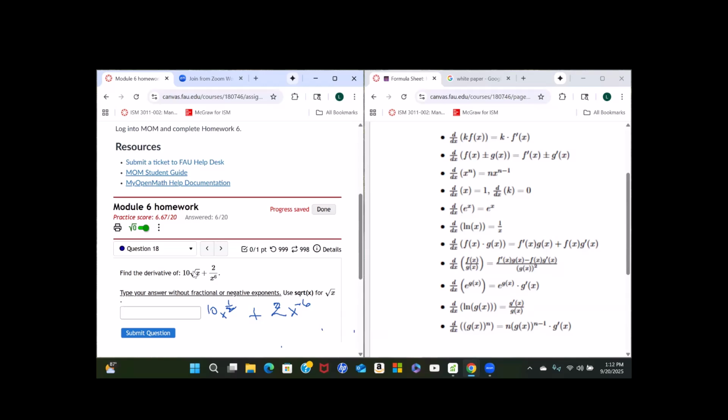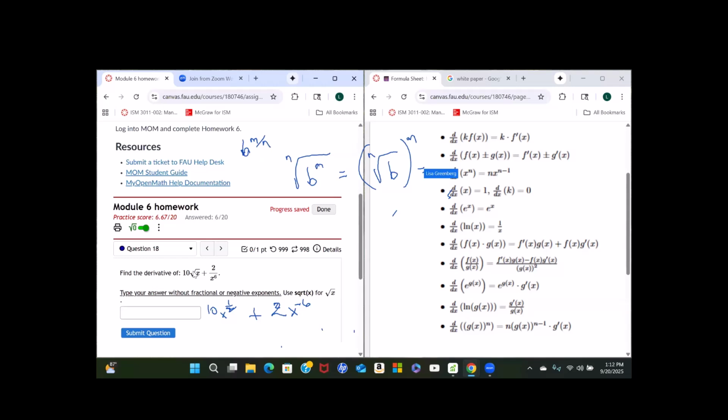We have the rule that says if we have a fractional power exponent, b to the m over n is the same as the nth root of b to the m, which is the same as the nth root of b, to the m power.